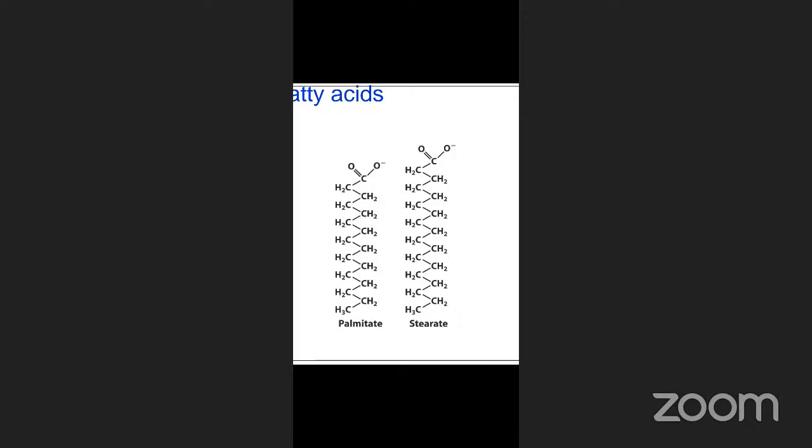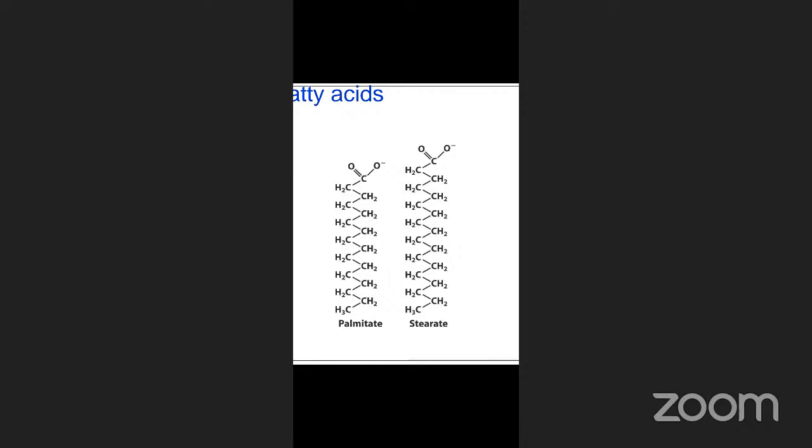That is the functional group. It consists of a double bond, but we should not consider that double bond. Except the functional group, if we look at the chain, you don't see any double bonds. Only single bonds are present. Such types of fatty acid chains are called saturated fatty acids.